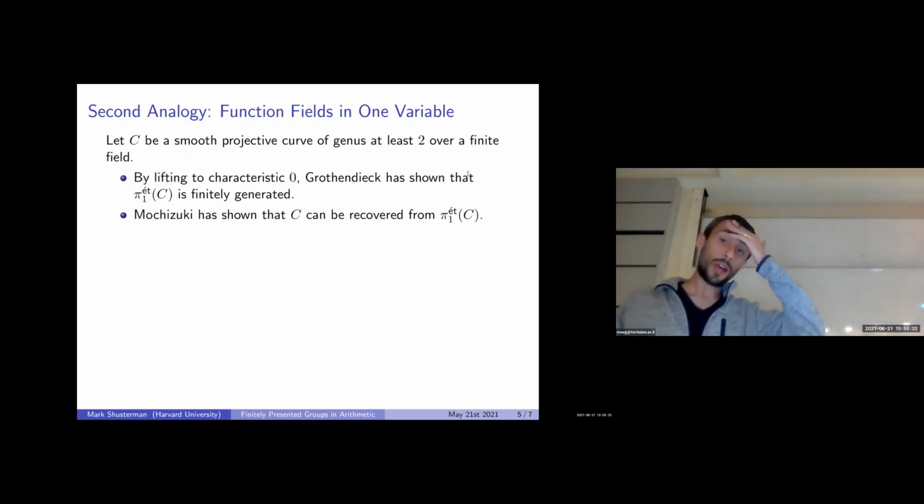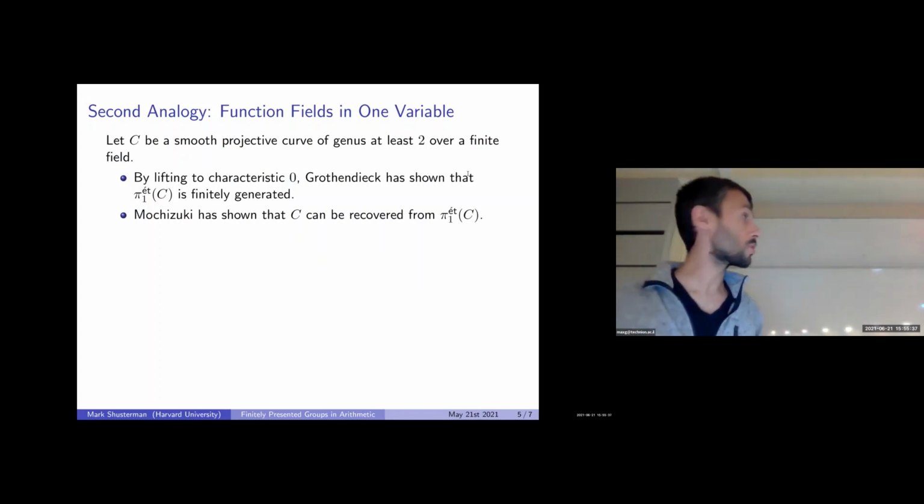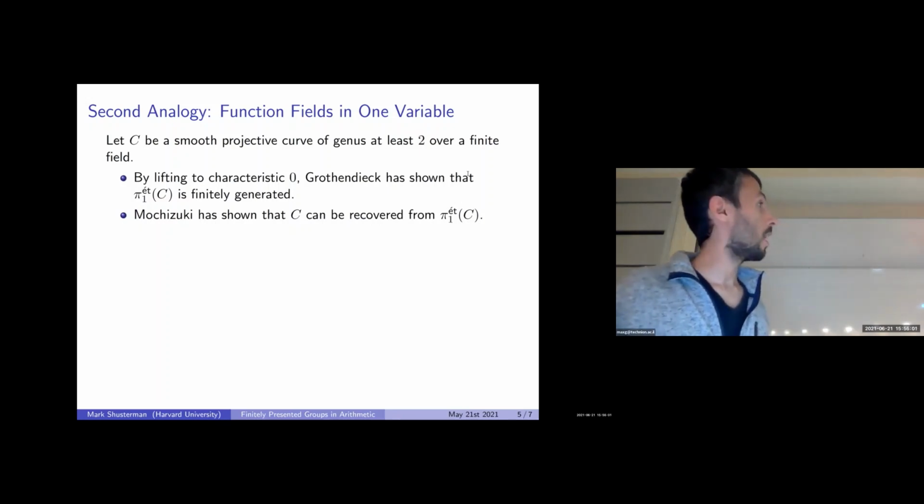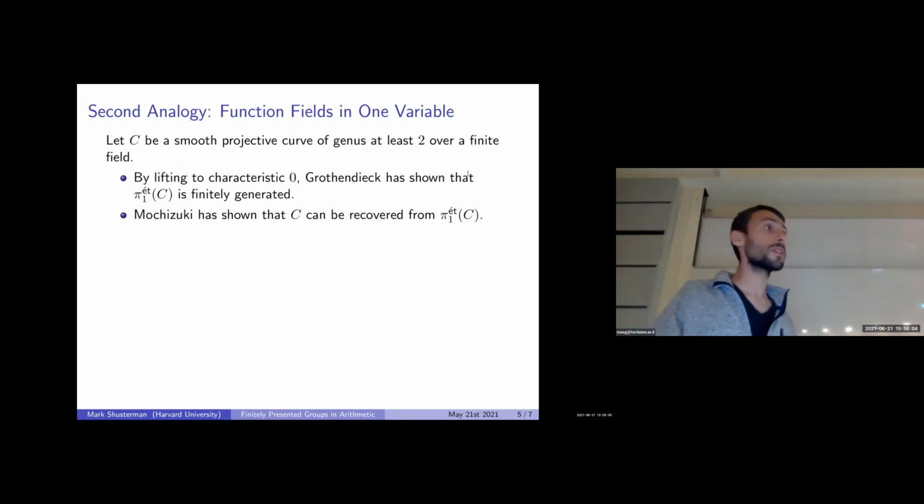In the 2000s, maybe a decade and a half ago, Mochizuki was able to show that you can functorially reconstruct any curve over a finite field from its fundamental group, which is quite remarkable because usually many different topological spaces can have the same fundamental group, but somehow for curves over finite fields, the fundamental group remembers the structure of the variety, of the scheme.